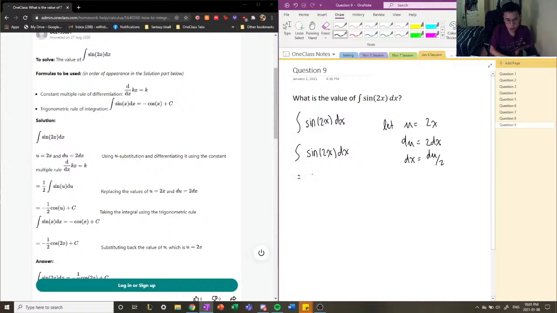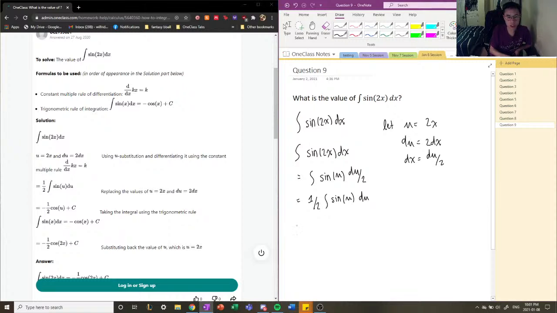If we sub in u, we get the sine of u, and if we sub in dx, we get du over 2, right? So with constants, we can factor them out. So we have 1 over 2 of the indefinite integral of sine u du. So by using this u substitution technique, I was able to simplify our integral so that I could easily solve it.